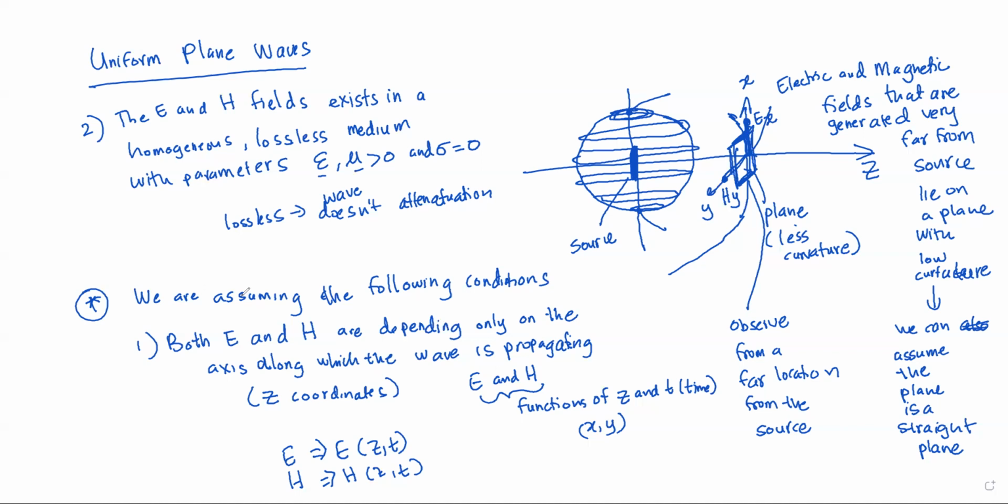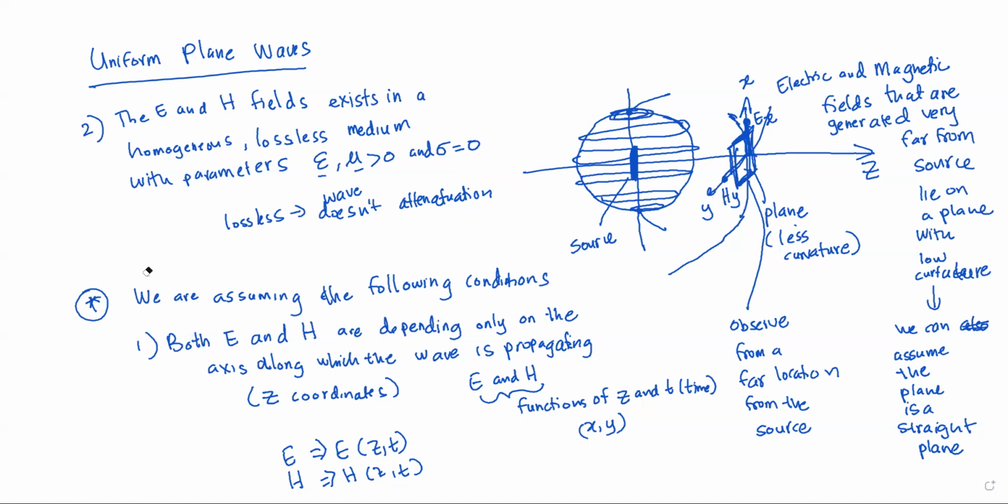So with these two assumptions, I will try to write some equations that I will use to obtain some equations related to these uniform plane waves, right? So these are the two assumptions that we are going to make.